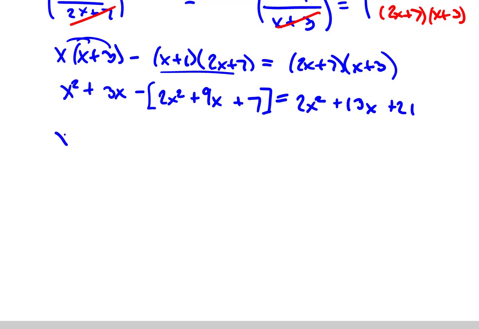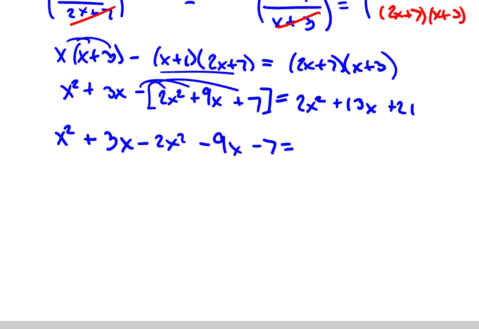Now we'll continue on by rewriting and combining as many terms as we can. On the left side we have x squared plus 3x. If I distribute this negative sign in now to the brackets, we'll have negative 2x squared minus 9x minus 7 equals, and on the right side, 2x squared plus 13x plus 21. Now we'll combine like terms on the left side.